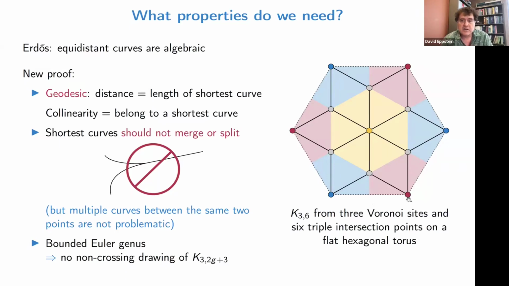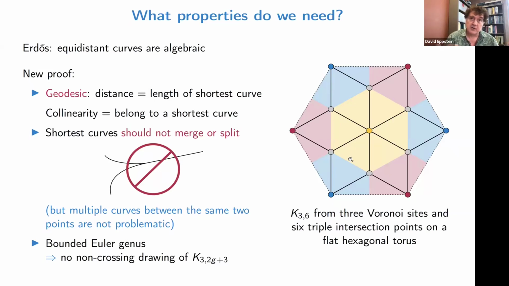And on that torus, these three copies of this red point all get glued to 1 point, 1 red point and 1 blue point, 1 yellow point. The Voronoi diagram of those 3 sites, the red site, the blue site, and the yellow site, is the diagram that I'm showing here with 6 triple intersection points. So you can realize K36 on a hexagonal torus. You can realize it as the graph of Voronoi sites and Voronoi junctions on a flat hexagonal torus.